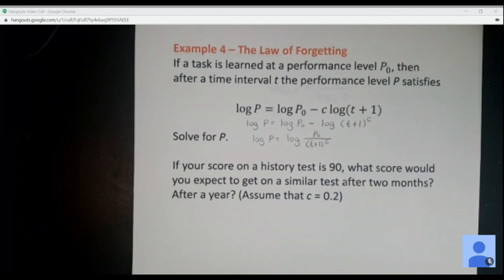Now, once we've done that and we've got everything in terms of a single log on the right-hand side, what do you think we can do now? So subtract a log.